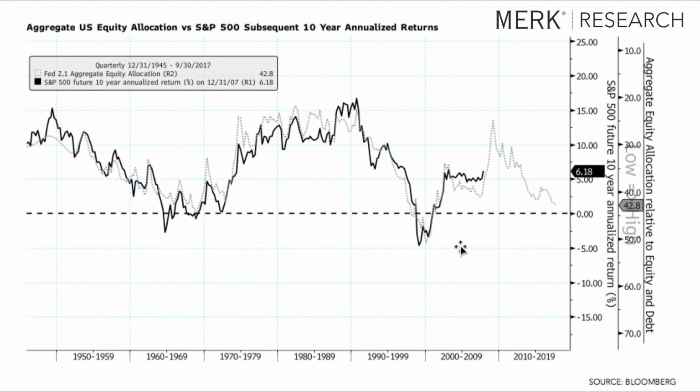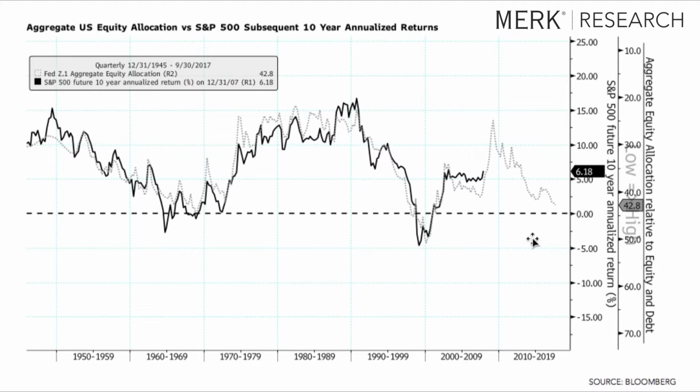But if you put any faith in the idea that it can tell us something about what might happen going forward, because this equity allocation is relatively high, right now at 42.8%, based on the historical relationship, it suggests the subsequent 10-year annualized returns from today could be relatively low.